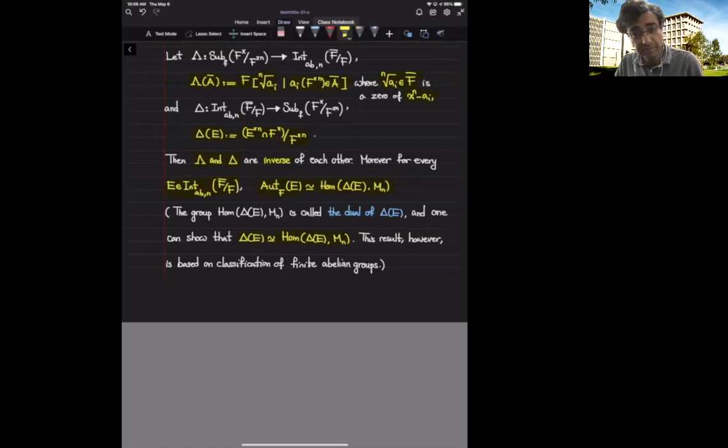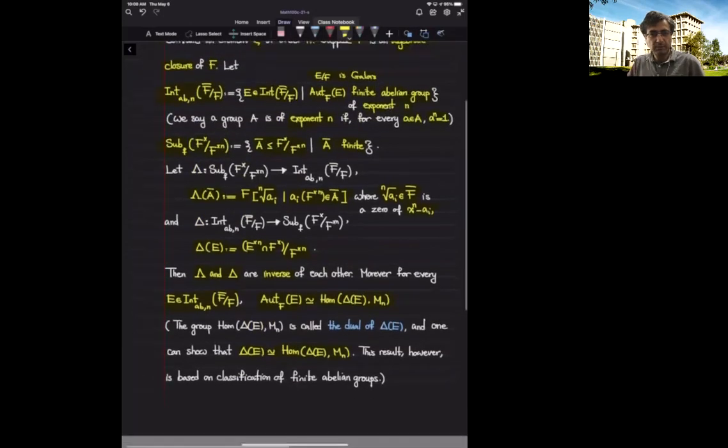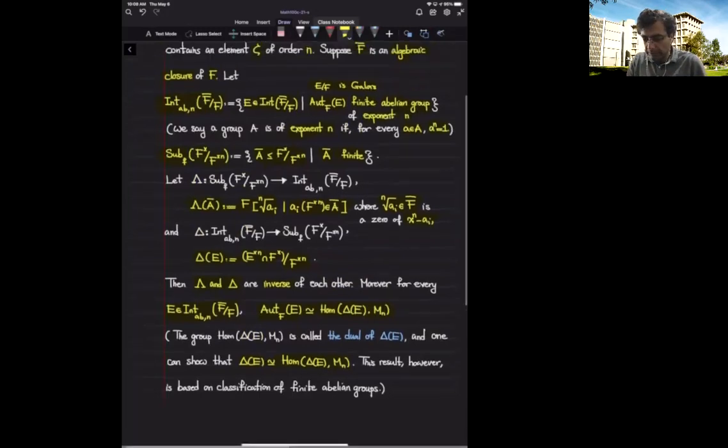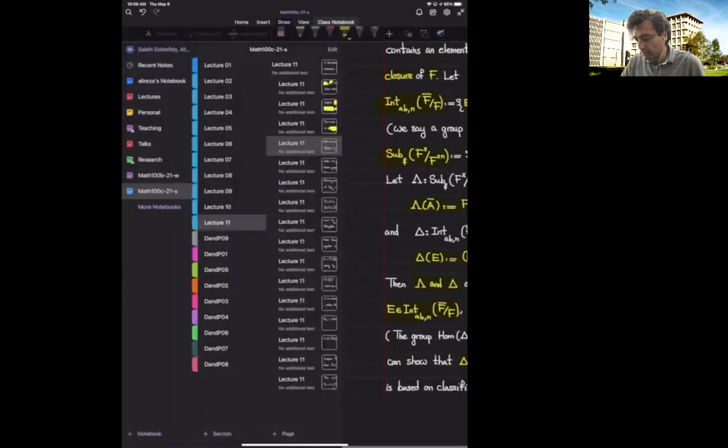Now, here we need to know a bit more about abelian groups and the dual of abelian groups in order to be able to show the finite abelian case of Kummer theory. Okay, so let's go and investigate the dual of abelian groups.